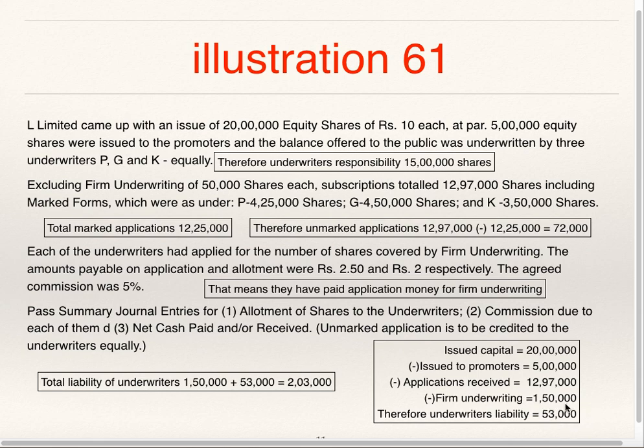Therefore, underwriters' liability is 53,000, not taken over by public and not taken over by underwriters as firm underwriting. So 53,000 is underwriters' liability, but underwriters' total liability is 1,50,000 firm and 53,000 which is not taken over by public. 2,03,000 is total liability of underwriters.